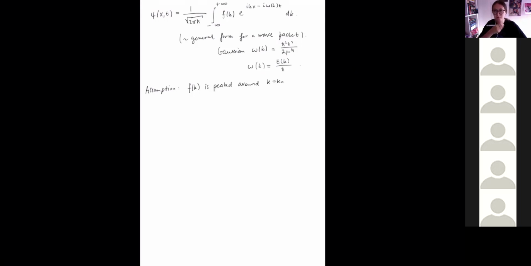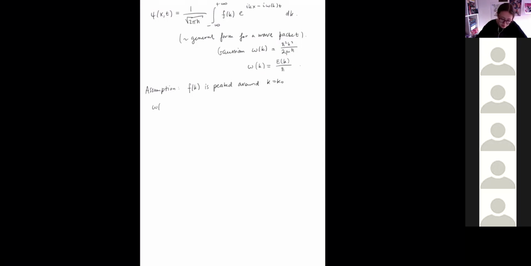Another example of such an envelope is the Gaussian. If it's peaked around k0, then we can consider only the integral around k0, assuming it makes the largest contribution around this point.